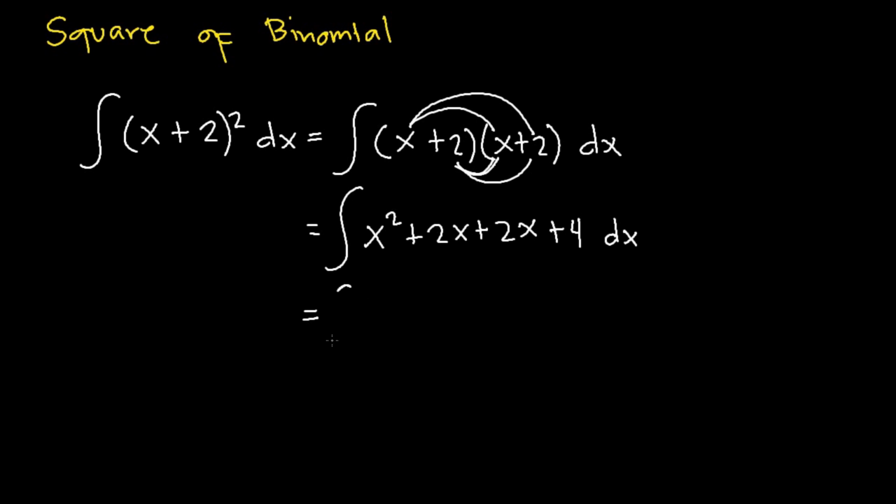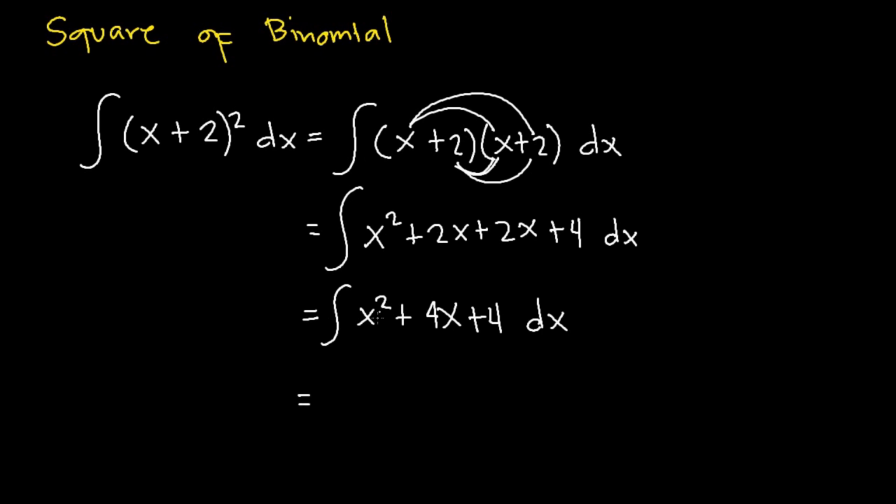So this is the antiderivative of x squared plus 4x plus 4 dx, combined like terms. So makita ni mga familiar na ni nga form. Mao ni ang atong first and second nga i-discuss.